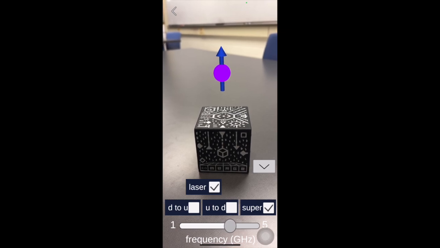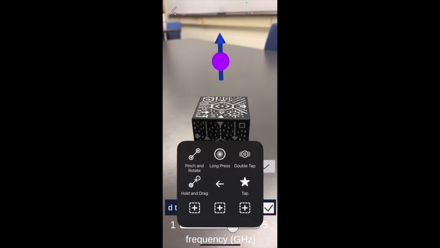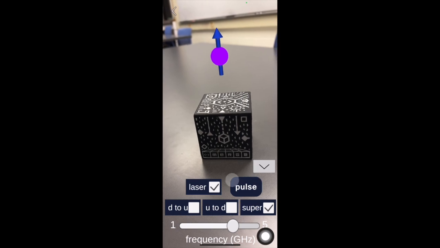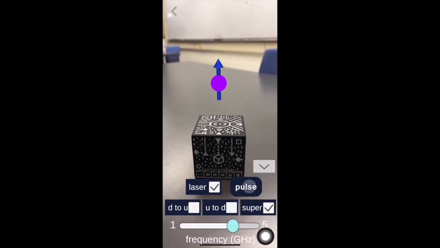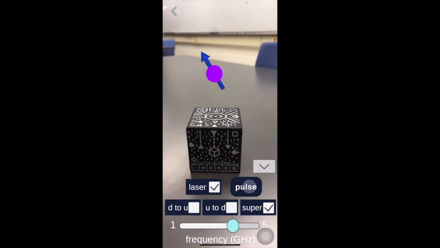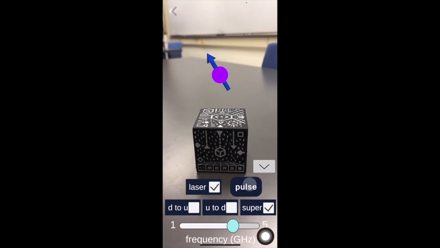And then you'll notice on the screen that this pulse button shows up. So right here, this pulse button, that allows us to actually pulse the laser. So when we pulse the laser, it rotates that electron into a superposition of 0 and 1. So we can pulse again.